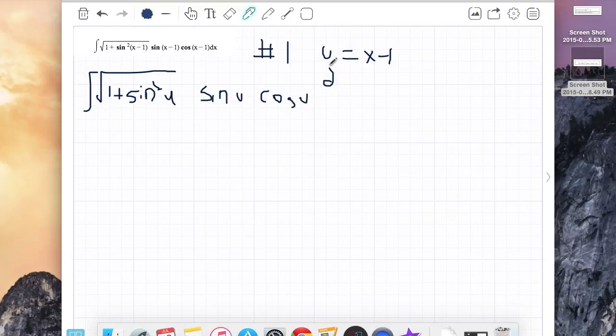Because du equals dx in this situation, we don't have to multiply anything other than just switching du for dx, so we're just going to say du.